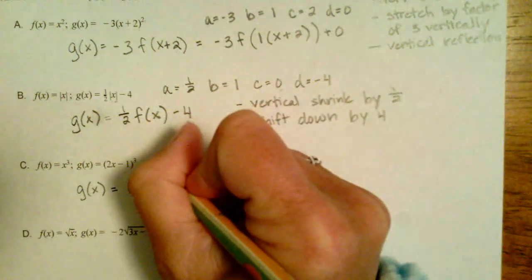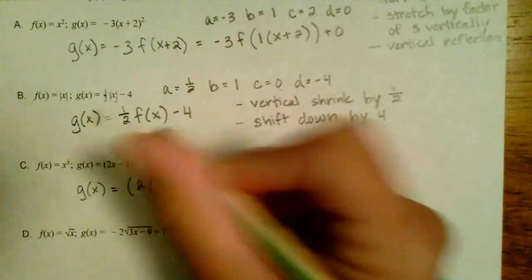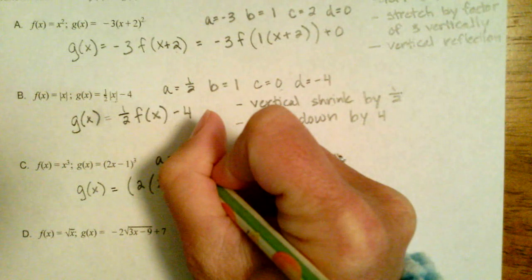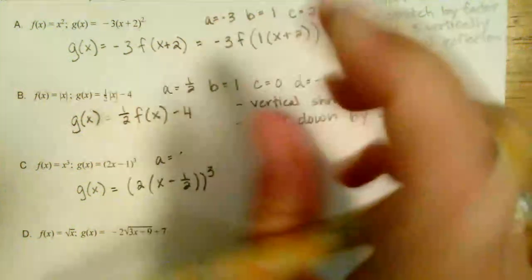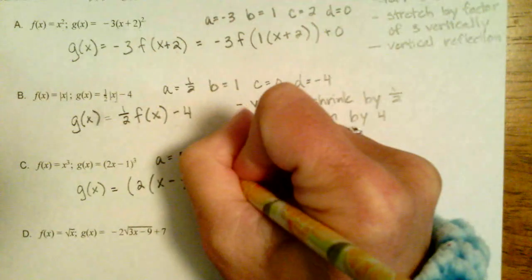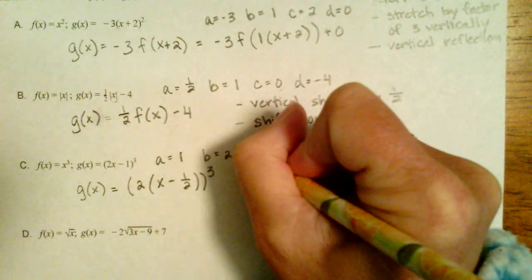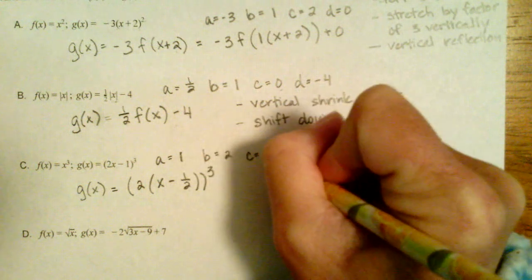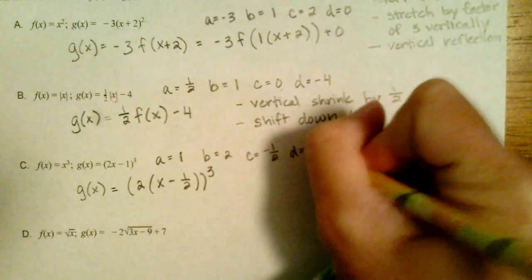So here I'm comparing again. A is 2. No, sorry, A is 1. B is 2. C is -1/2. And D is 0.